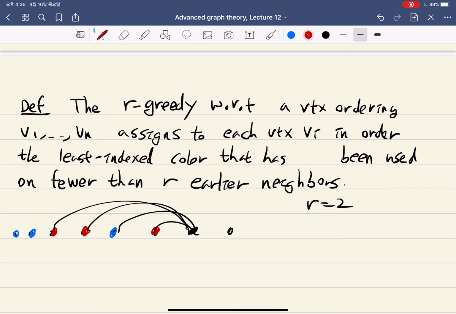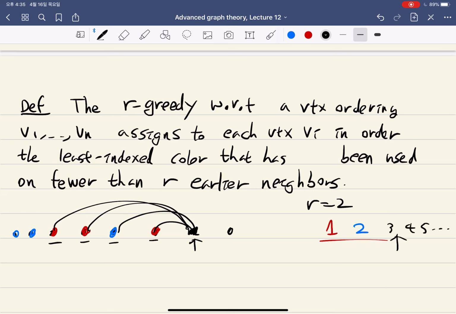Also, say red color is 1 and blue color is 2. Now you color one by one. When you color this, you see its earlier neighbors, and then you find the color.